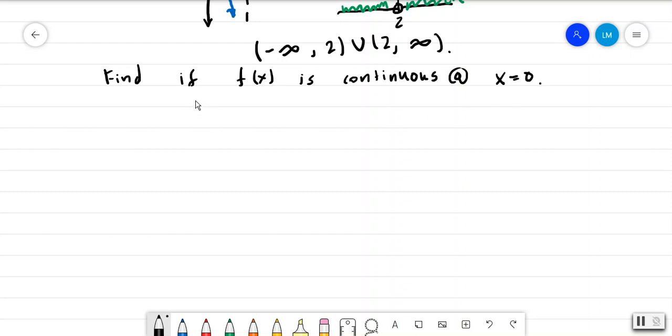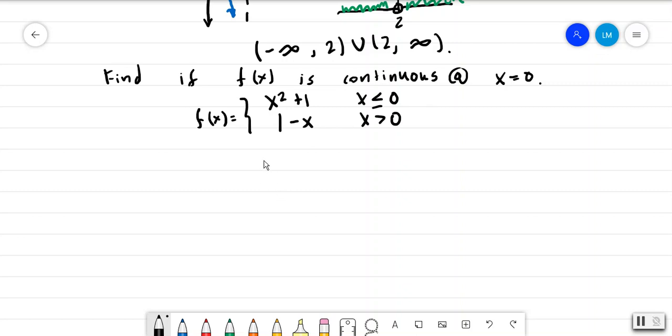So in that case, the function f of x is defined as follows. It's going to be x squared plus 1 for when x is less than or equal to 0, and then it's going to be 1 minus x for when x is greater than 0.